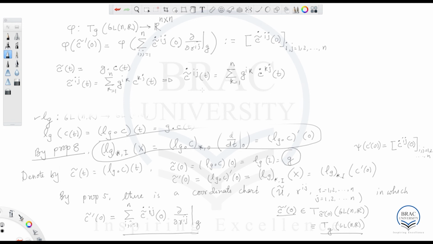Now I go back to the matrix notation, and the left hand side is the matrix C tilde dot ij evaluated at 0, for ij from 1 to n, and this is equal to g times the matrix c dot ij at the point 0.